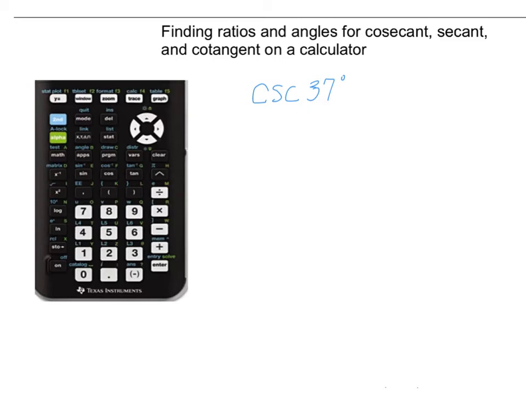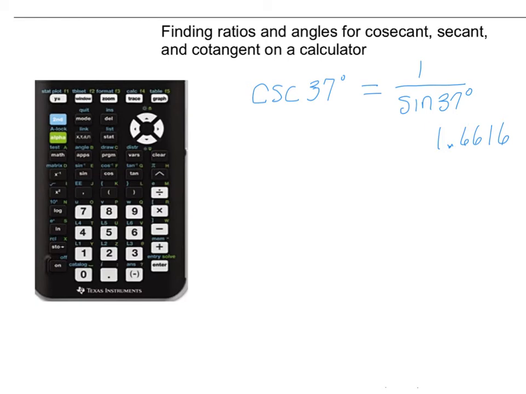One way is to note that the cosecant is the same thing as the reciprocal, 1 divided by sine of 37. And when you do that, you're going to get the ratio 1.6616.